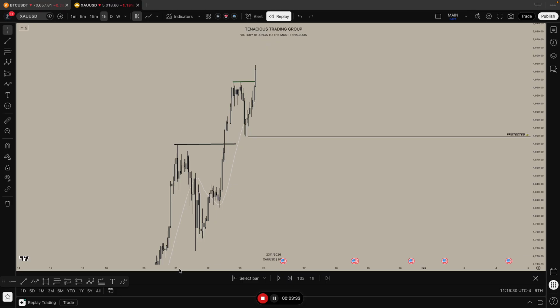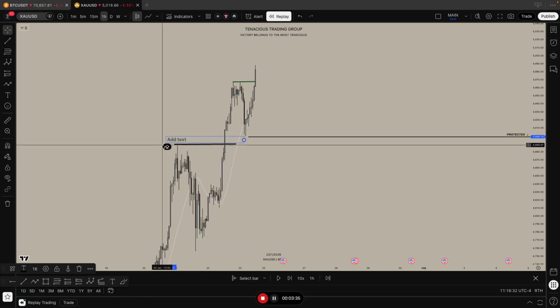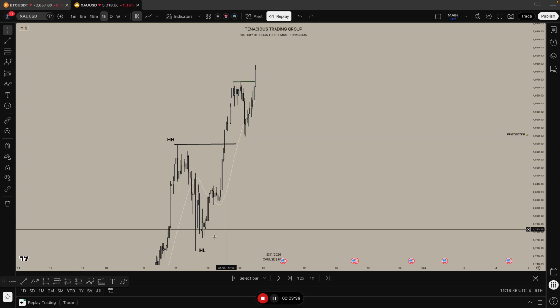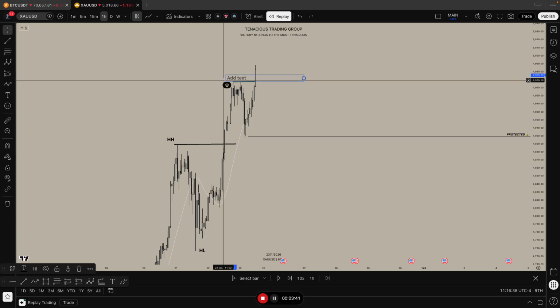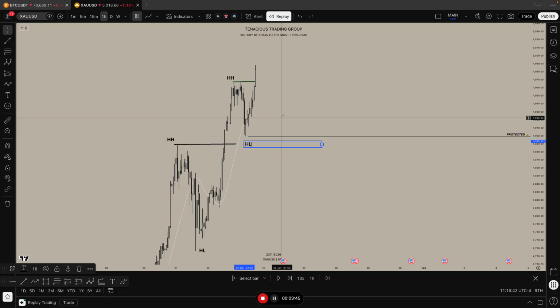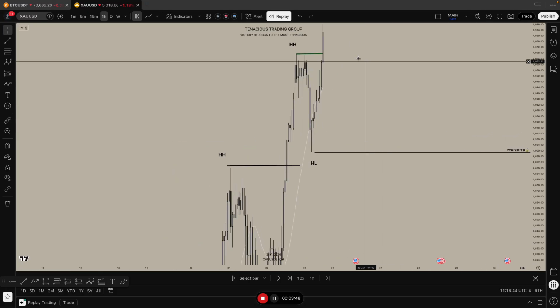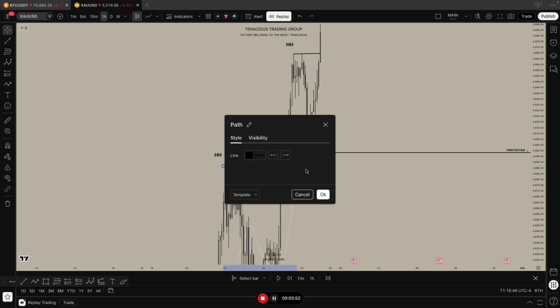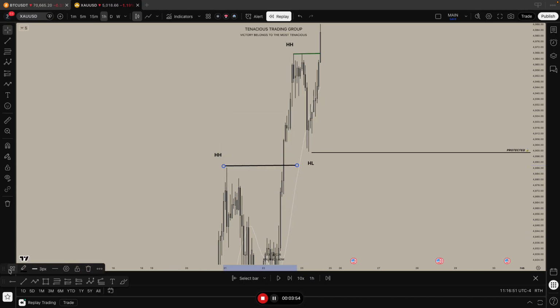You need to make sure you're annotating your charts. I want to be seeing higher highs and higher lows, higher high and higher low. You want to make sure that where you have your market structure breaks, they are MSBs, and it's not just a random area.